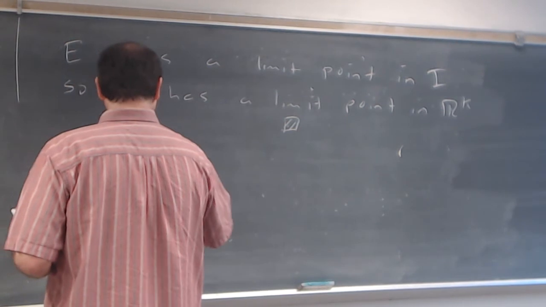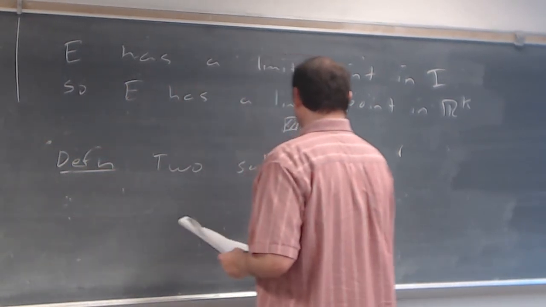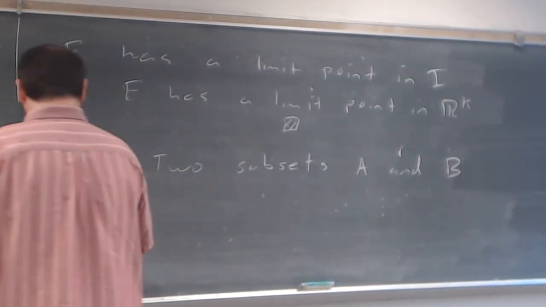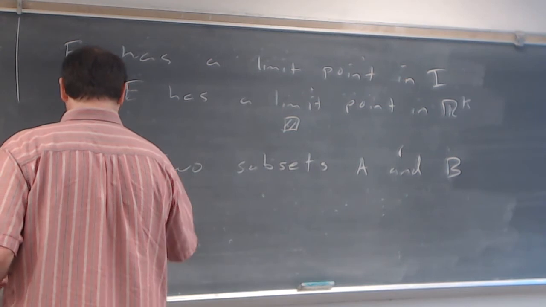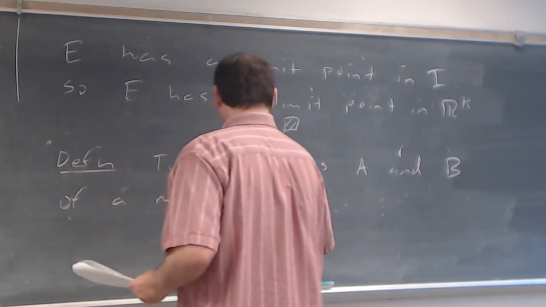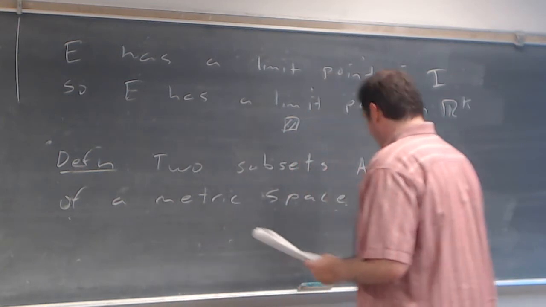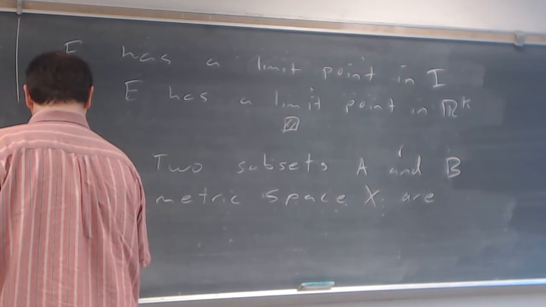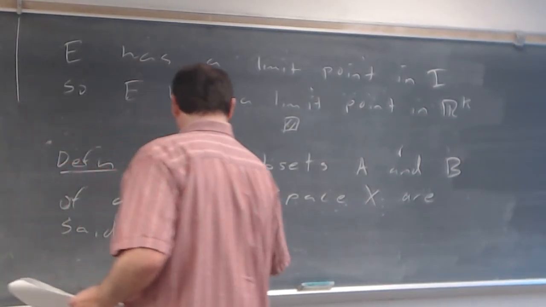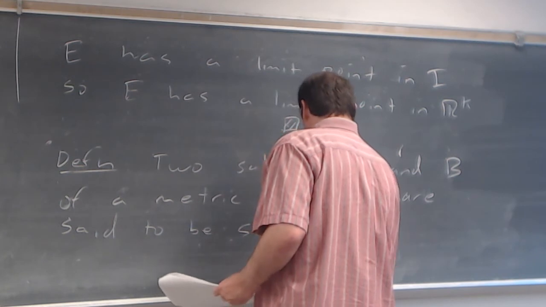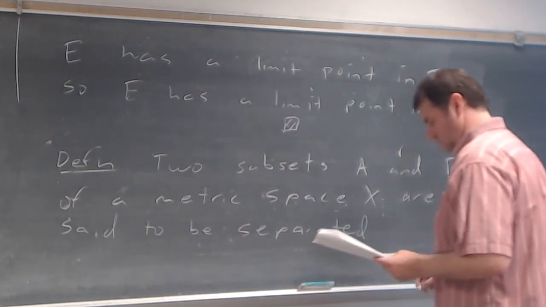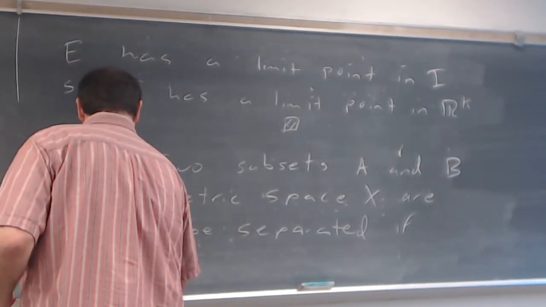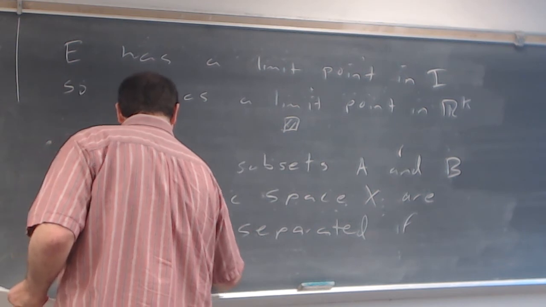It says two subsets, A and B, of a metric space X are said to be separated if A intersect B closure equals the empty set.